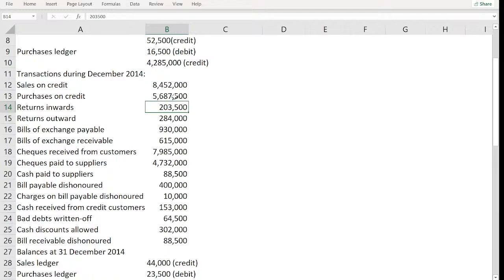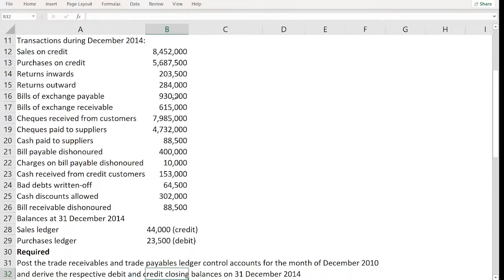Purchase on credit, return inwards, outwards, bill of exchange payable, bill of exchange receivable, checks received from customers, checks paid to suppliers, cash paid to suppliers, bill payable dishonored, charged on bill payable dishonored, cash received from credit customer, bad debts written off, cash discount allowed, bill receivable dishonored, balance at December. We have the sale ledger, it's credit, and purchase ledger, it's debit.